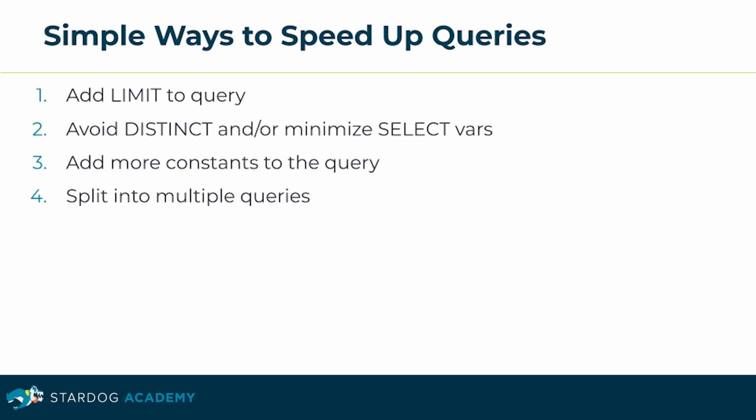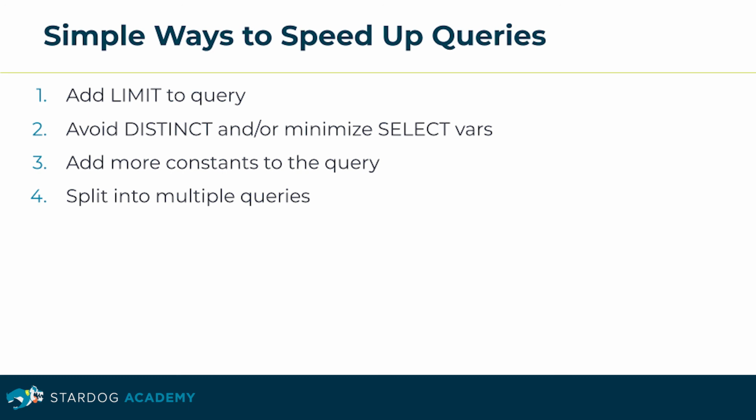Second, avoiding an extra distinct without real reason, and minimizing select variables, not over selecting things that aren't actually going to be used, are good ways to keep the selectivity in place. Third, adding more constants to the query. This provides more selectivity and can help the join order optimization as discussed.